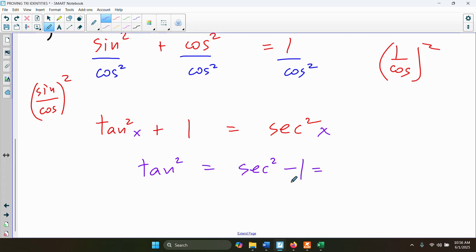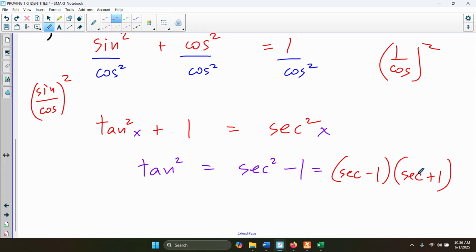Okay, but that also gives me another way to rewrite that. If I factor this, it's like a squared minus b squared, right? Where b is 1, it's 1 squared. So using that very useful factoring technique, I could factor this into its conjugates. This is secant minus 1, secant plus 1.